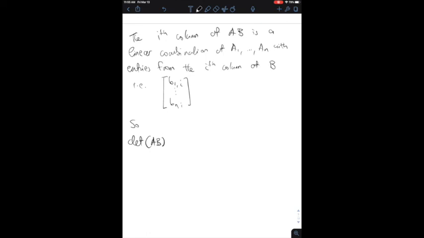These columns are given by the linear combinations of the columns of A with entries coming from the corresponding columns of B.